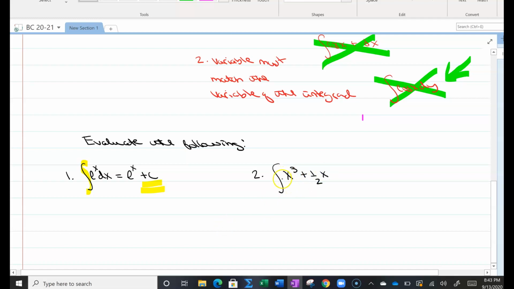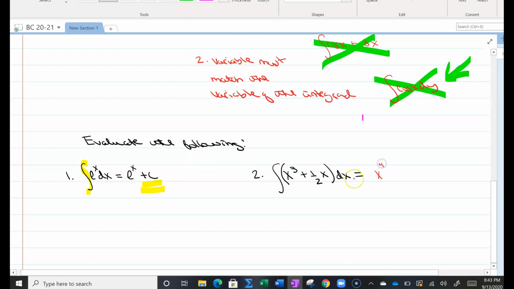Now look at this. I want to make sure that the integrand, look at that, the parenthesis, is a factor of the dummy: the indefinite integral of the quantity x cubed plus 1/2 x dx. All right, well, let's see. Let's take it term by term. The derivative of what will give you x cubed? Well, I'm thinking that I want to increase the power by 1.